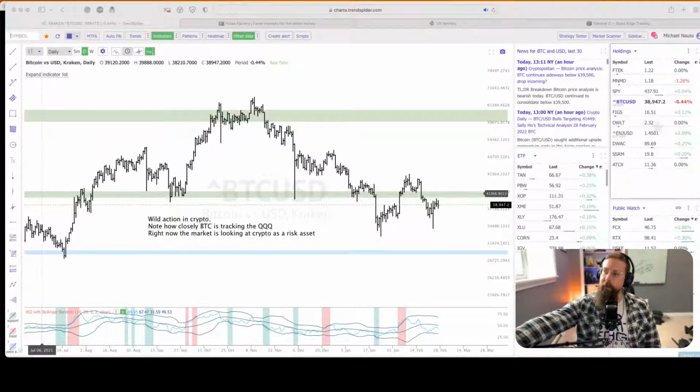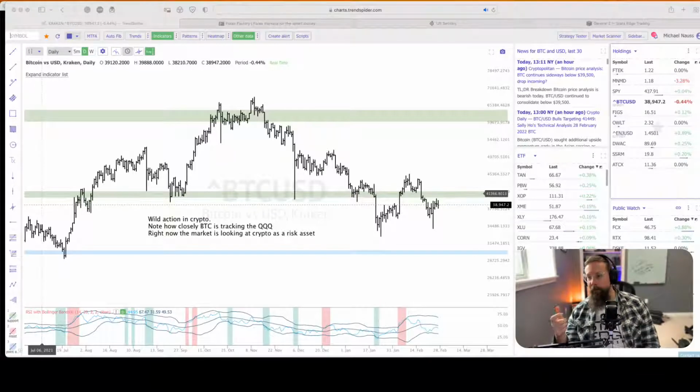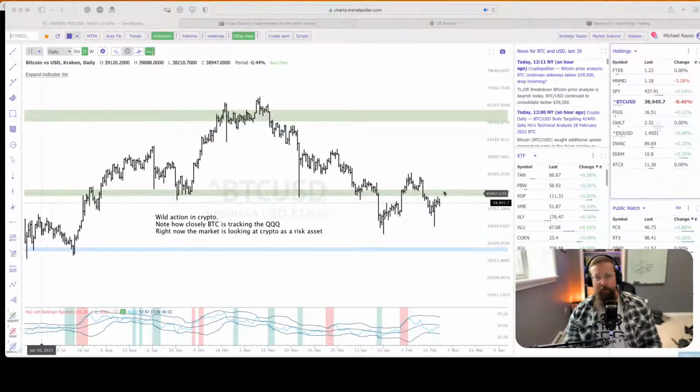So if there is appetite for risk in the market, people are risk on and they want risk, you see crypto rise. If people are getting worried and they want to reduce risk, you see crypto fall. So that's mainly how it's trading. Not like it matters. I pick my level, I pick my shot, and I take my shot there.